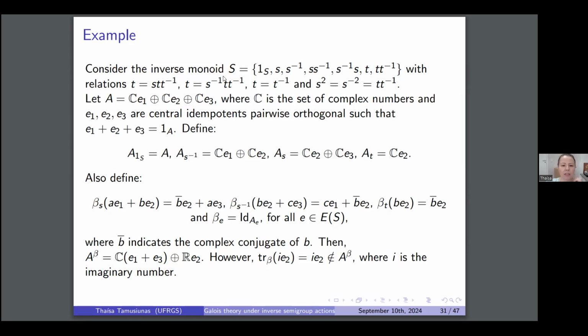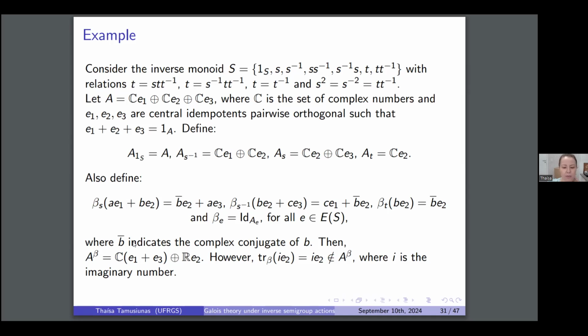I put an example here, but I will quickly talk about it. Here we are considering an inverse monoid, and we have these elements and relations, and the ring here is the ring generated by these central idempotents pairwise orthogonal, and such that the sum of these elements is equal to the identity of the ring A. Here we are defining the ideals and the actions, and we can calculate what is the subring of invariance.